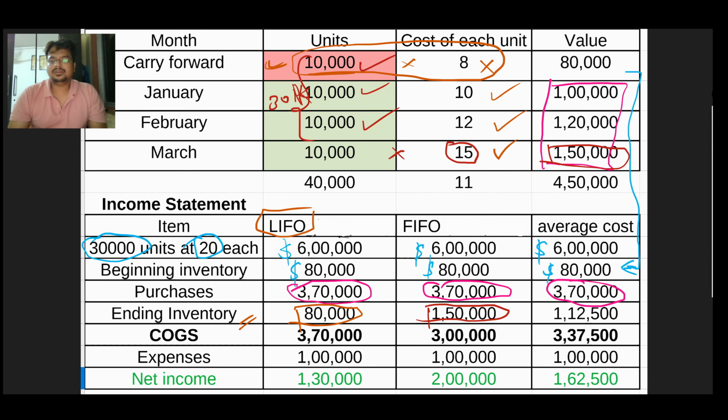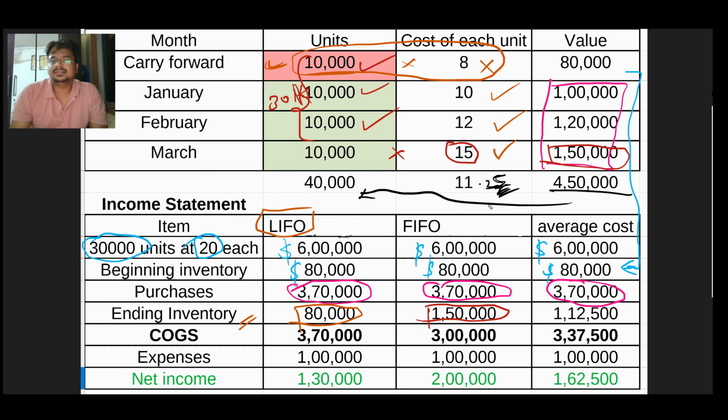Okay, and for the average cost method, what we do is we just divide this by this. Okay, and what we get is 11.25. This one I've just rounded off.